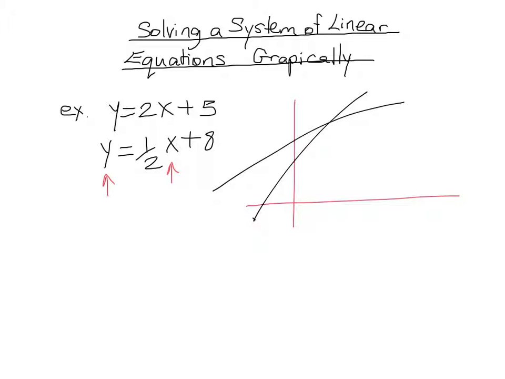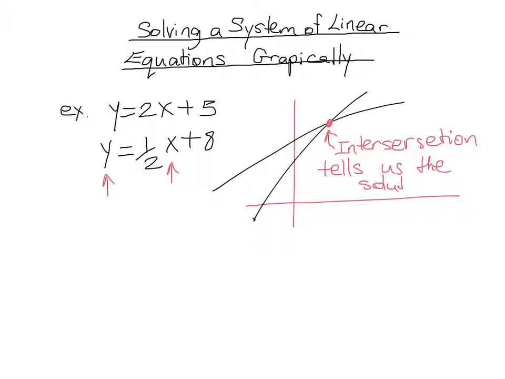Lovely lines. They're a little curvy. They shouldn't be. So let's say those are the two lines. The only place where the x and y can actually be the same for both lines is where they meet. So this is important to write down in your notes: the intersection point where the lines meet will tell us what our solution is.